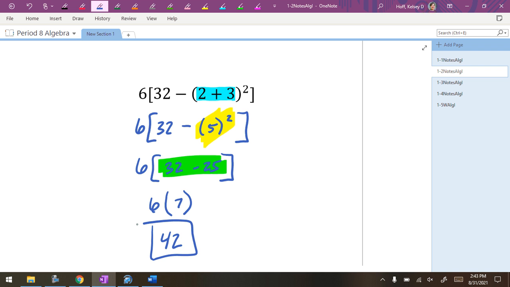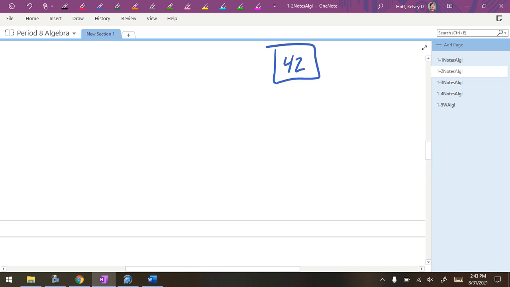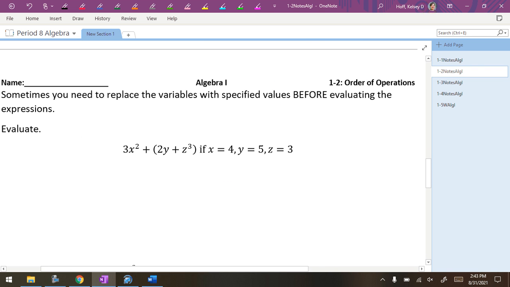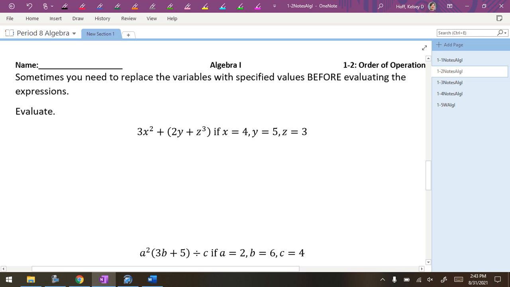Good so far? Flip it over. Sometimes they're going to give us an expression that contains variables, and they're still going to ask us to evaluate. So the first thing you have to do is replace your variables with the corresponding numbers.